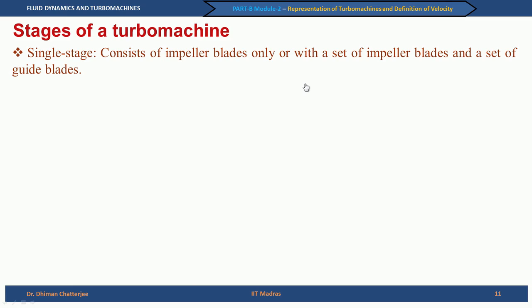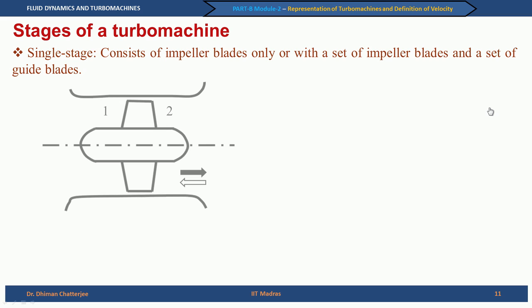We have also seen another axial flow machine, the Kaplan turbine, where there was only one set of rotating blades. So, we can talk about stages of a turbomachine as a single stage which consists of impeller blades only or a set of impeller blades and a set of guide blades.